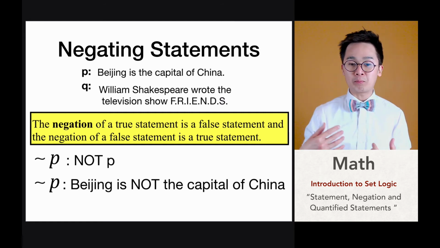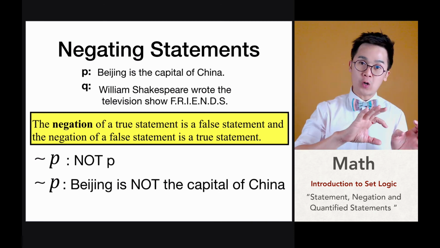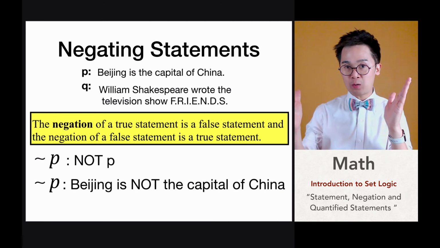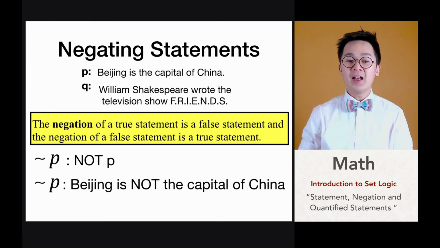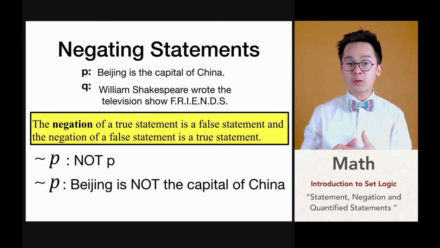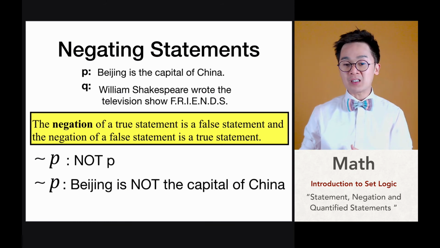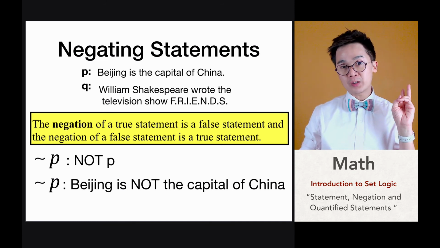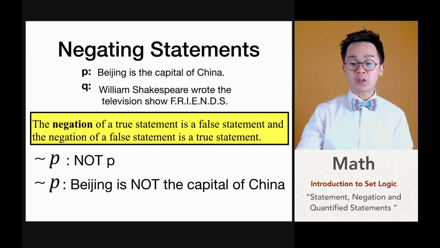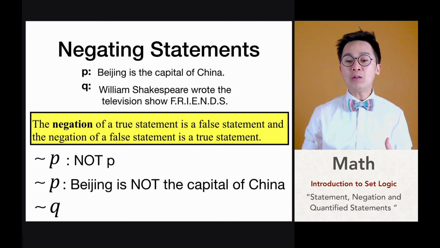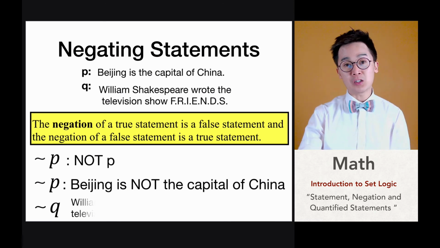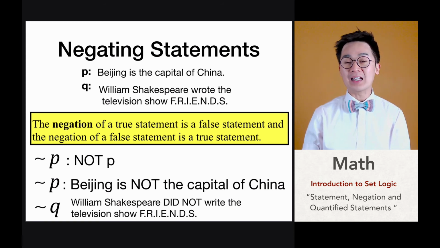We don't write not Beijing is the capital of China, but we just plug in the word not in the sentence for it to be the negation of P. So if statement number one, which is P, has the negation not P, Beijing is not the capital of China, statement number two, or Q, which is denoted by not Q, will have a different value or meaning, and we can rewrite this as William Shakespeare did not write the television show Friends. So this is how we negate a certain statement using this operation and symbols.